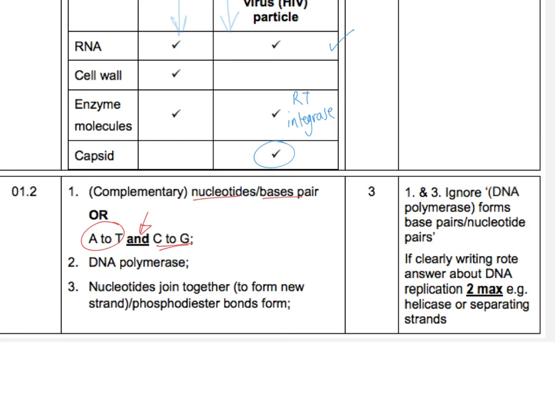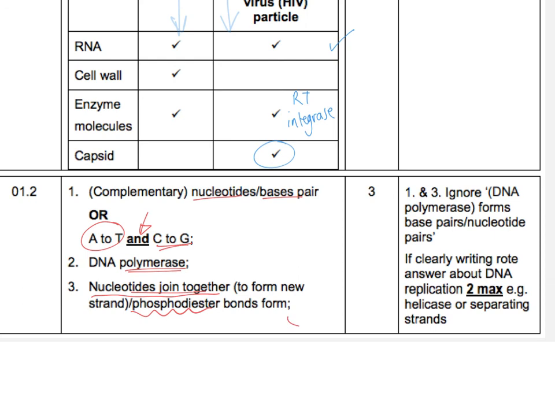You need to mention both of them if you're going to mention them at all. If you've got any mention of DNA polymerase, then that's another mark. And the final mark is for saying that the nucleotides join together to form the new strands, or phosphodiester bonds form between the sugar phosphate backbone, for example, where we've got that deoxyribose and the phosphate molecule.